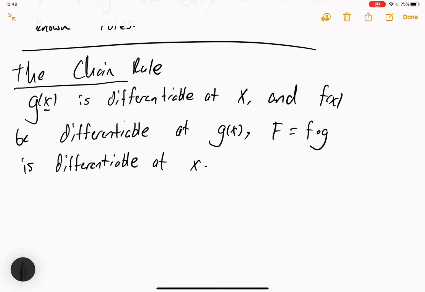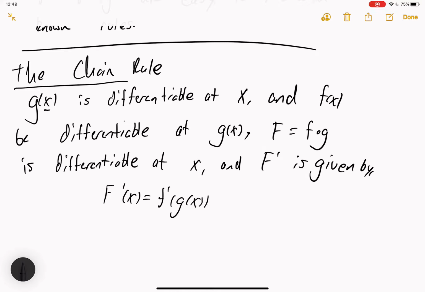And we have a formula for its derivative. f composed with g, prime, at x is equal to f prime of g of x times g prime of x.